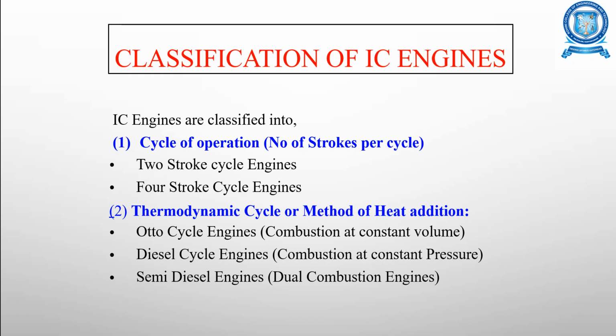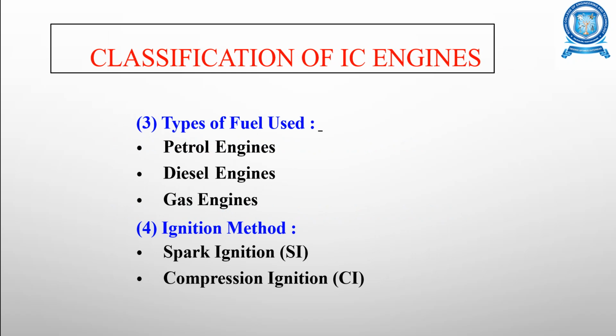So you have 3 classifications as Otto cycle engines, where the combustion takes place at constant volume, and diesel cycle engines, where the combustion takes place at constant pressure, and semi-diesel engines, the dual combustion engines. And based on the fuel used, you can classify the IC engines as petrol engines, diesel engines, and gas engines.